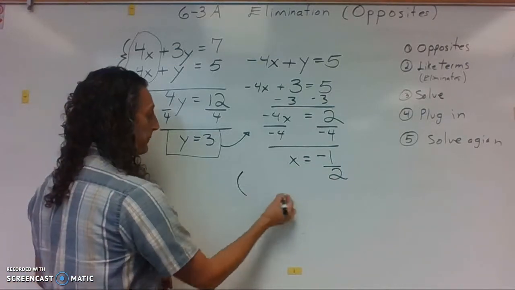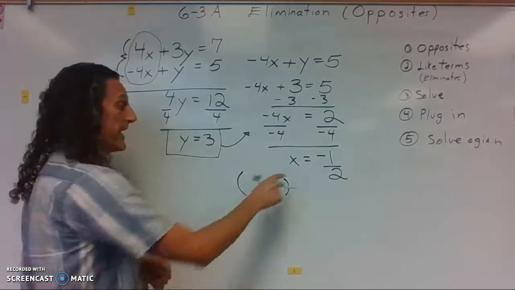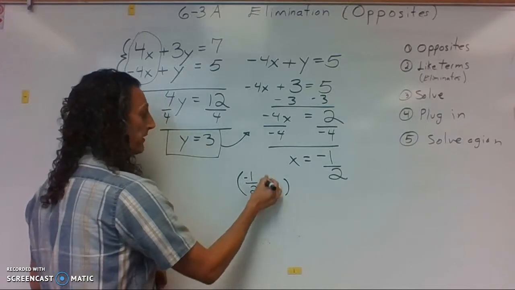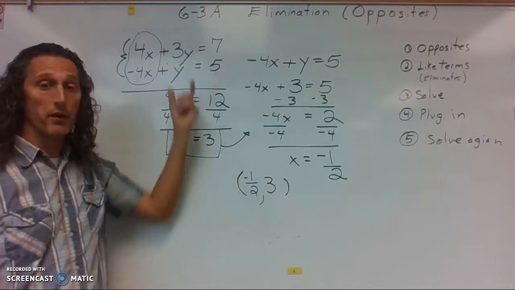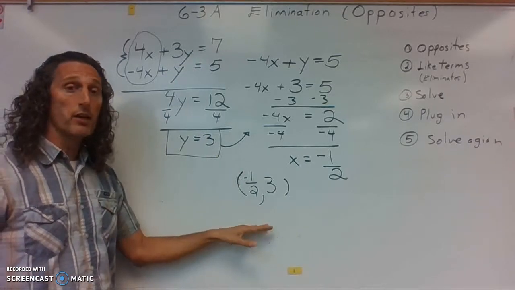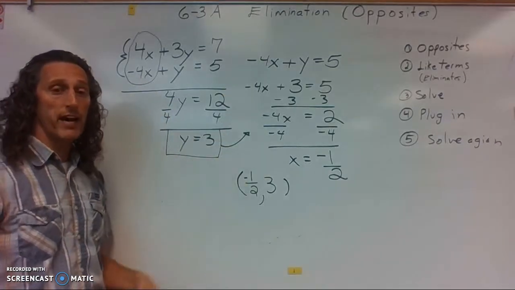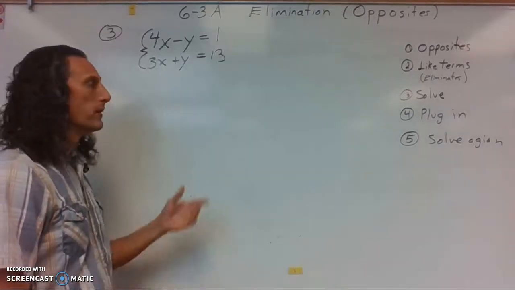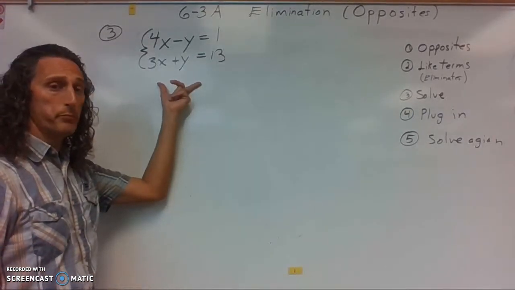So right in the middle, the x always goes first. Not which one you find first. The x goes first. So it's negative 1/2, comma, 3. And that is your answer for this system of equations. So make sure that you do hit pause and get all this written down, and we'll probably do just one more example.